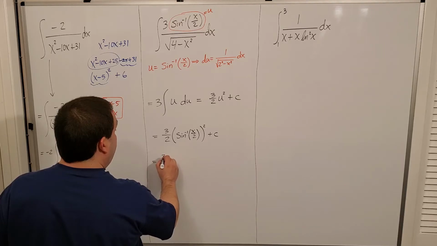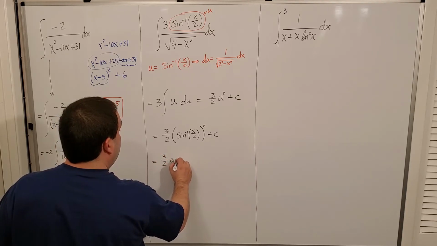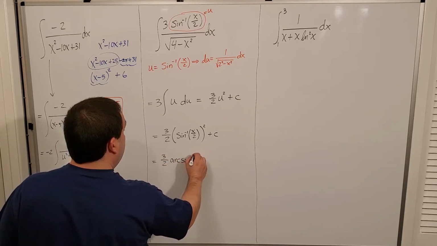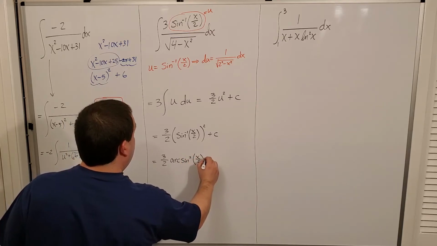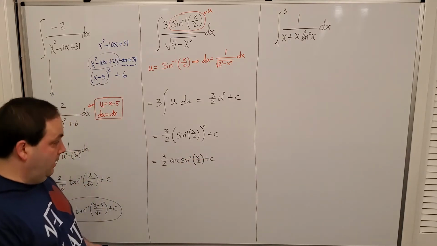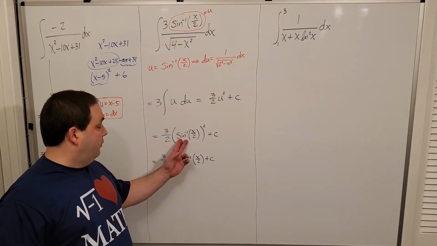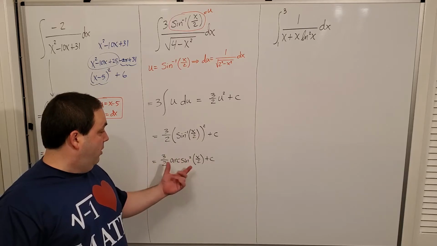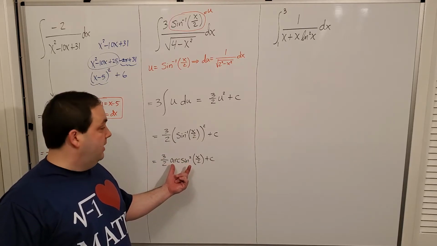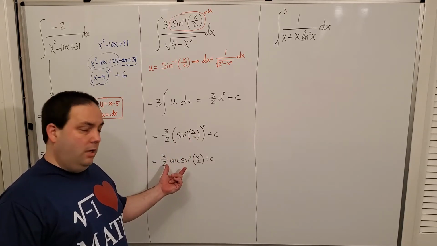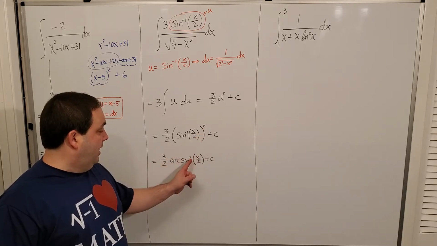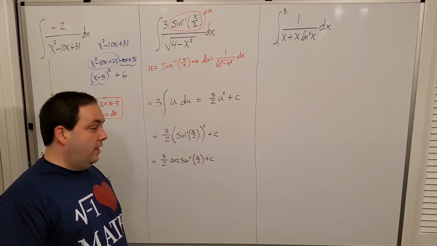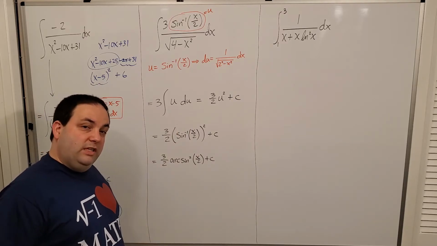I could write it like this. Those two are the same thing. And if I don't have to write it with the little inverse symbol, then it won't get mixed up with the squared. If I write it as arc sine instead of inverse sine, they're synonymous, and then I can actually use my shorthand with the squared there. But either one of those is completely fine.